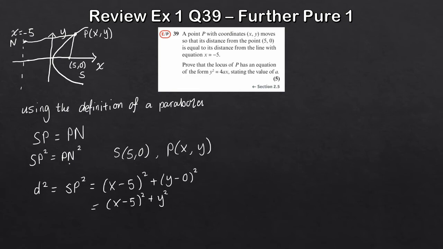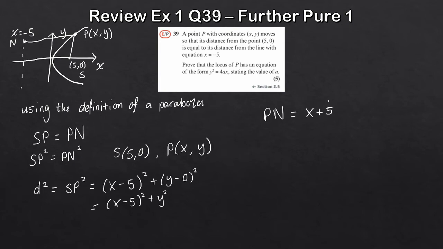So now we need to consider P to N. Okay, so the distance from P to N. What would that be? Well, P to N is even easier. If you consider this distance here, from the y-axis to P, that's just a distance of x, and then from N to the y-axis, that's just 5. So in total, that distance is x plus 5.